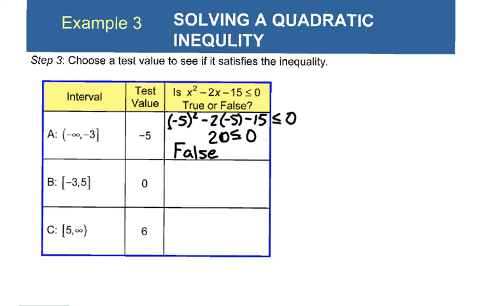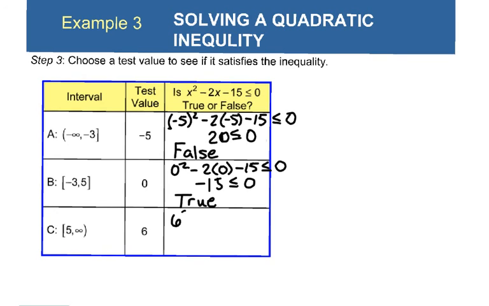Okay, next interval, use the test value. Let's see, plug in 0 squared minus 2 times 0 minus 15. Well, that's -15, which is less than 0. This is true. So this is actually one of the intervals we are going to use as our solution to this inequality. And then let's go ahead and do this last one.